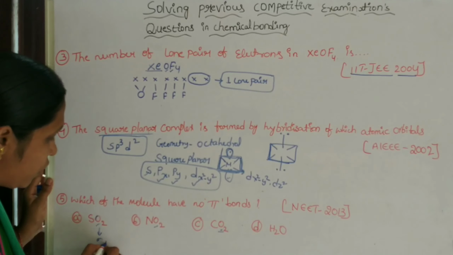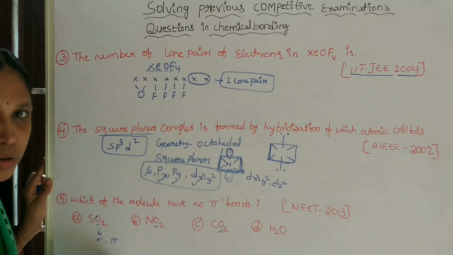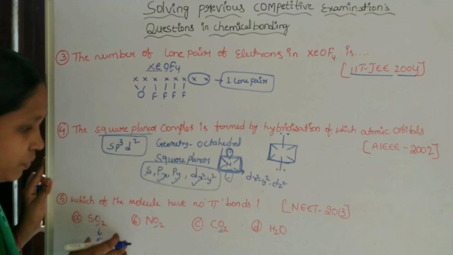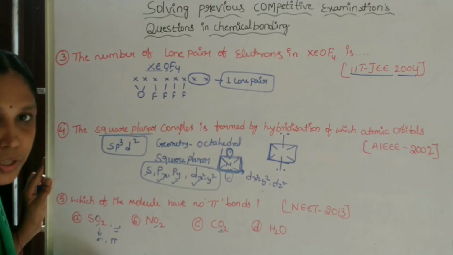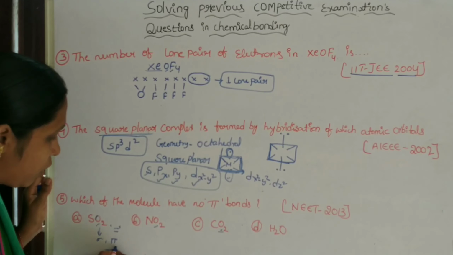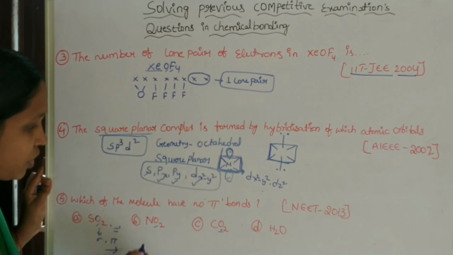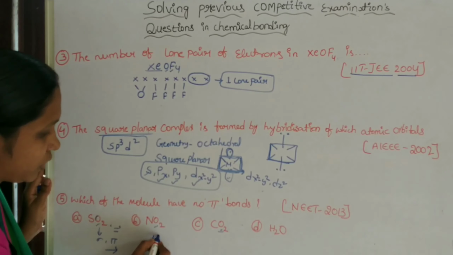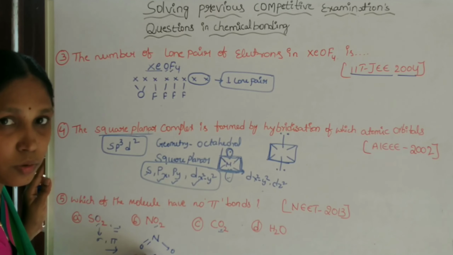One is a sigma bond and one a pi bond. Sigma bond, pi bond. The surrounding atom forms a multiple bond, that means a double bond with the central atom, or otherwise it forms a coordinate covalent bond. Coordinate covalent bond. Example, NO2. Here double bond O and O.